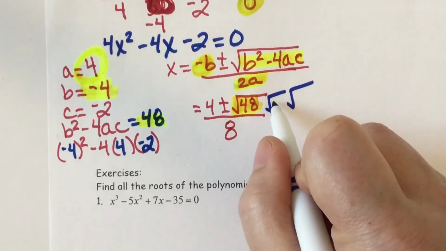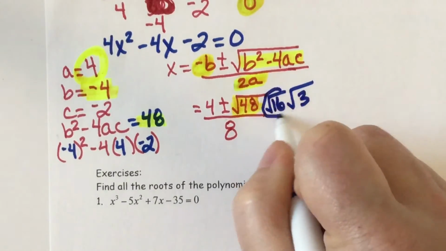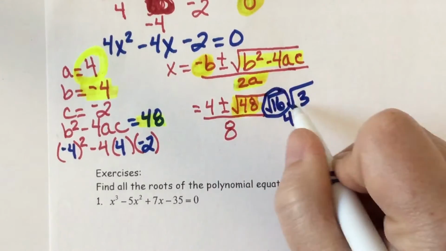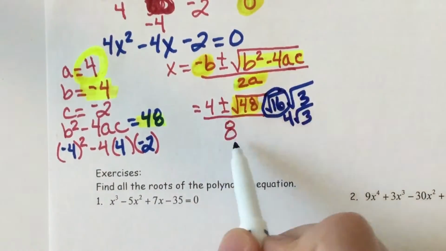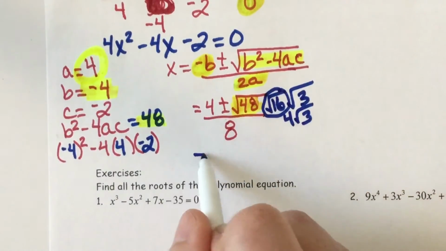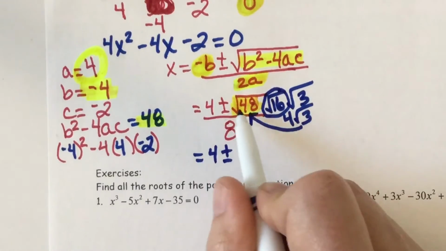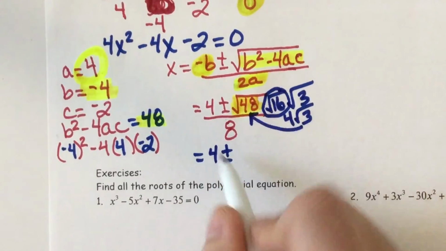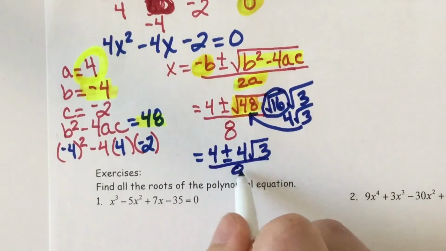So I know some of you probably know, some of you may not, but 16 goes in there 3 times, and then the square root of 16 is 4, and then you can't take the square root of 3, so you recopy that. So I'm going to recopy this. So I've got equals 4 plus minus. I'm replacing this square root of 48 with 4 square root of 3. And I'm recopying the all over 8.